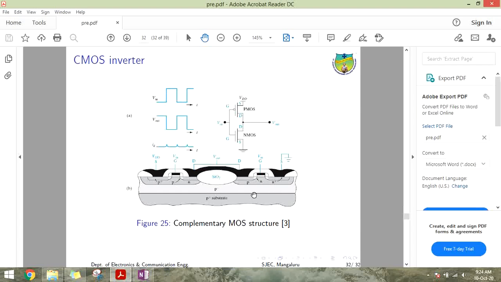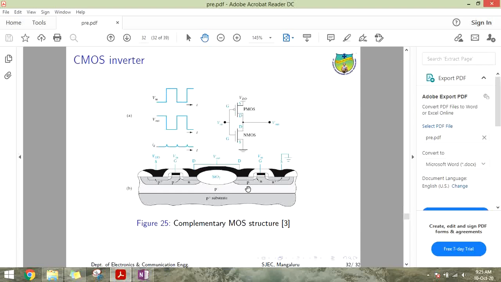Under certain biasing conditions, this causes a large current to flow. When a large current flows through this PNP and this NPN, the problem of latch-up exists. This is a serious problem in CMOS circuits.